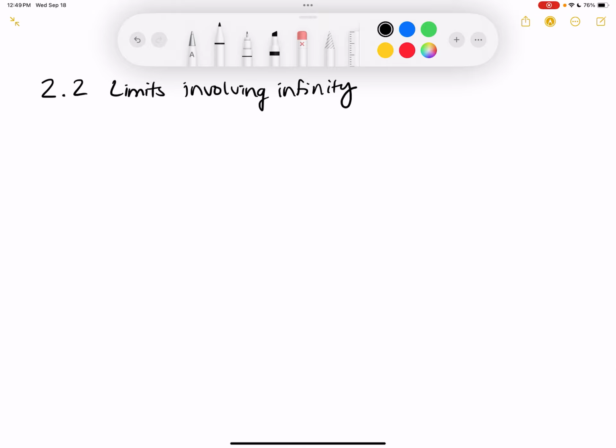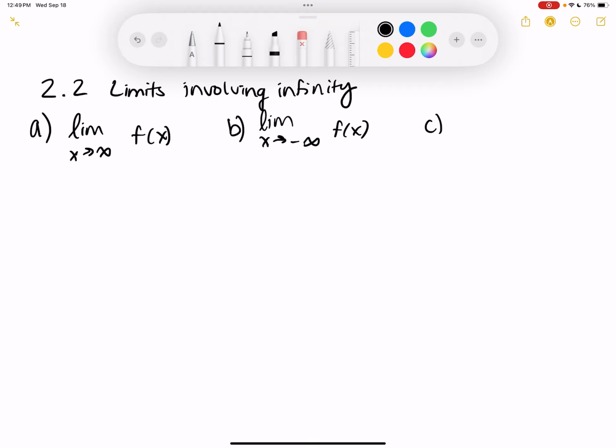Okay. Use the graphs and tables to find the limit. So part A, I'm just going to write this out so we can see: the limit as x approaches infinity of f of x. B, the limit as x approaches negative infinity of f of x. And C, the horizontal asymptotes.